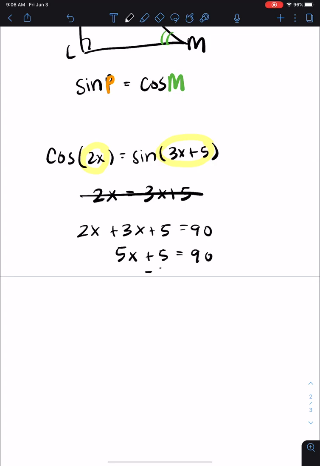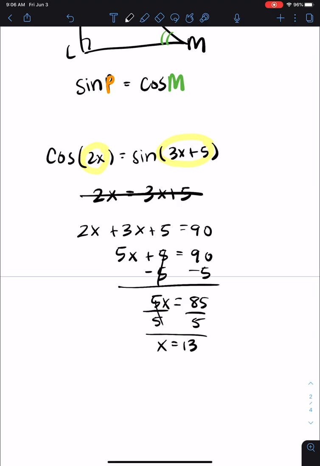If I simplify, combine like terms and solve for x, we get x is equal to 17. This is one of the ways that we see it. There are multiple ways we can see this relationship holding true, but these are some of the most common problems we'll see.